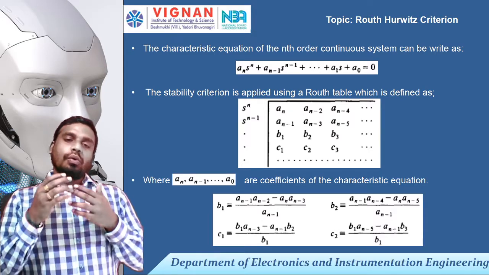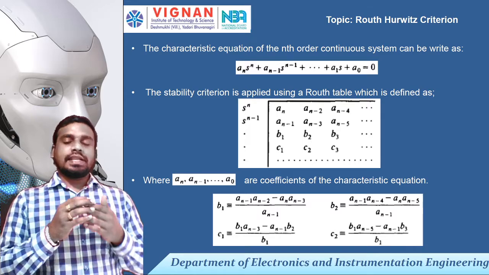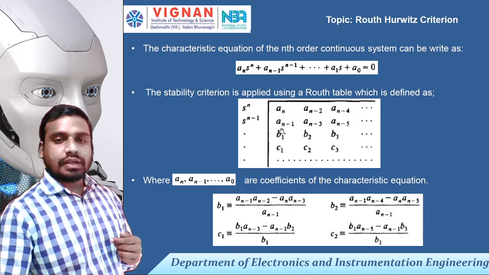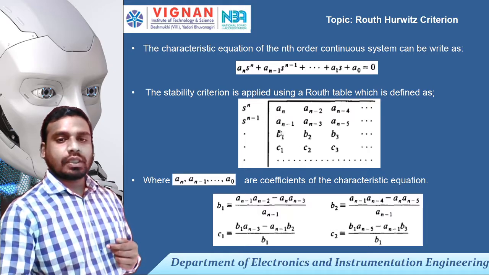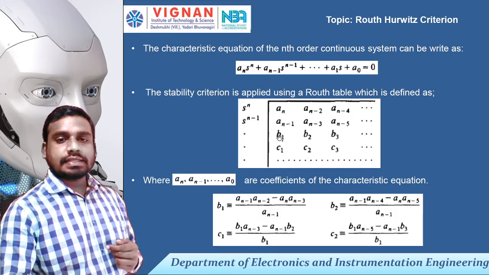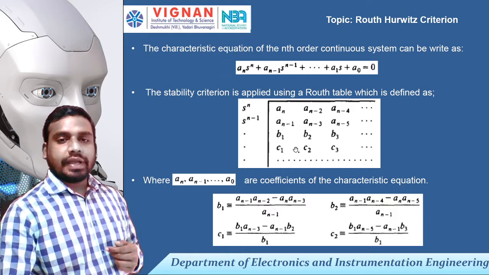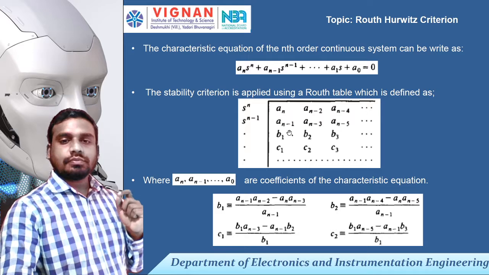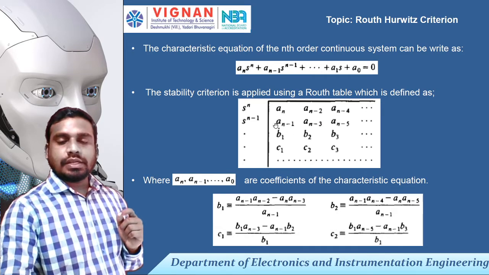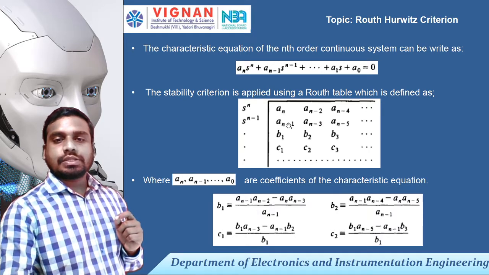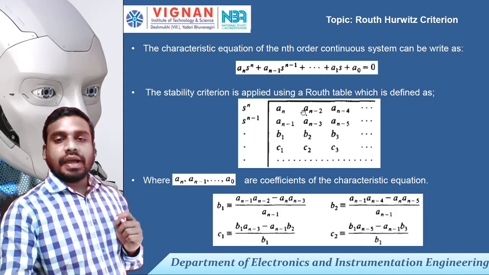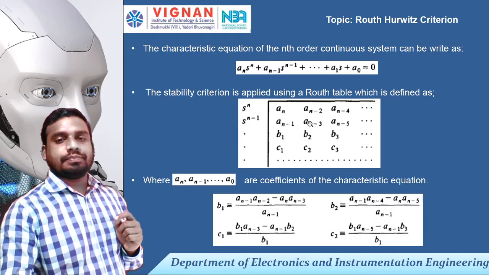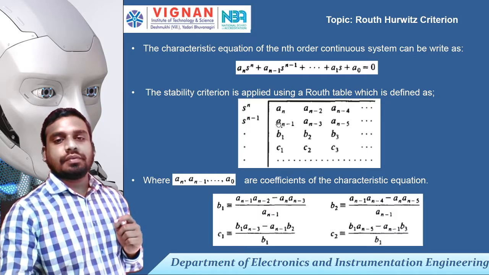Then the third row, first element. To compute that, the first element in the third row is B1. Right? So B1 is computed by considering the elements of the first row and second row. How to consider that? An minus 1 into an minus 2 minus an into an minus 3, divided by an minus 1.